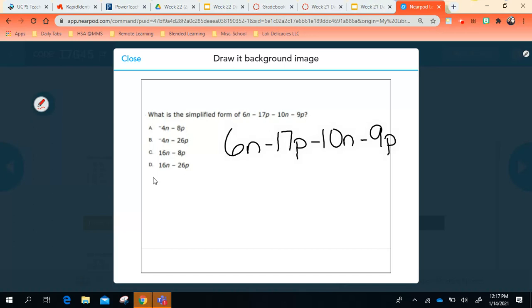So let's go ahead and take a quick look. 6n. So I'm going to go ahead and separate my like terms. So I have these two terms that have n's. Remember to bring it with the sign in front, very important. We don't want it to get left behind. And then we have these two that are p's. So 6 minus 10 is going to give me what?